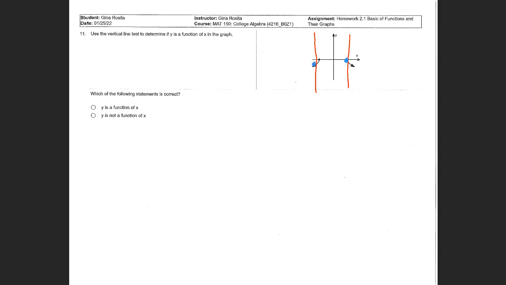Blue, only 1 point. Yeah. So which of the following statements is correct? Is y a function of x? Yes, because only 1 point. So yes, y is a function of x. Okay. Now go to the next one.